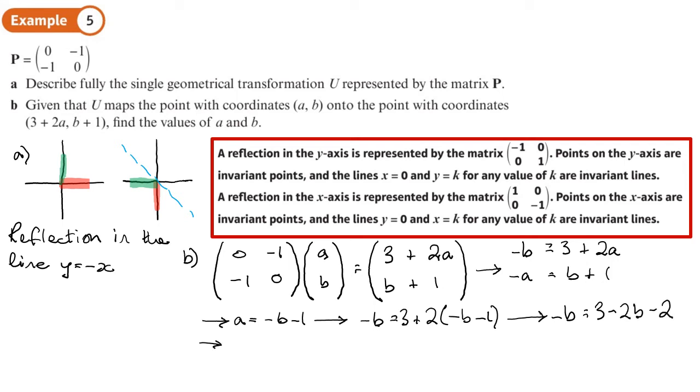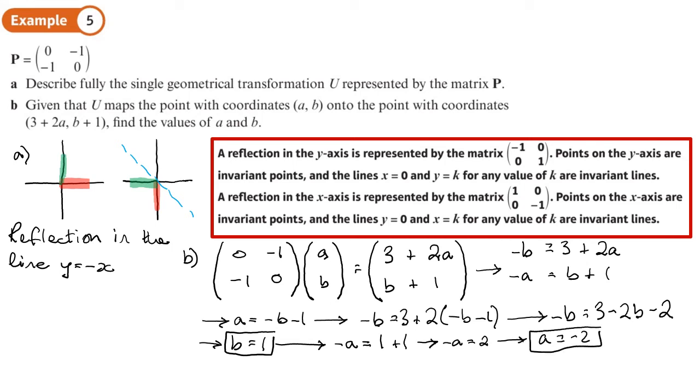If I add 2B to both sides, I'll get B equals 3 minus 2, so B equals 1. Now all I do is substitute that back into the bottom equation. So -A equals 1 plus 1, which means -A equals 2, which means that A equals -2. So we found the values of A and B.